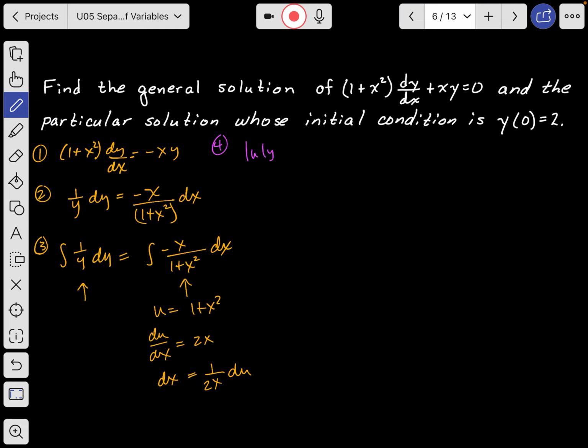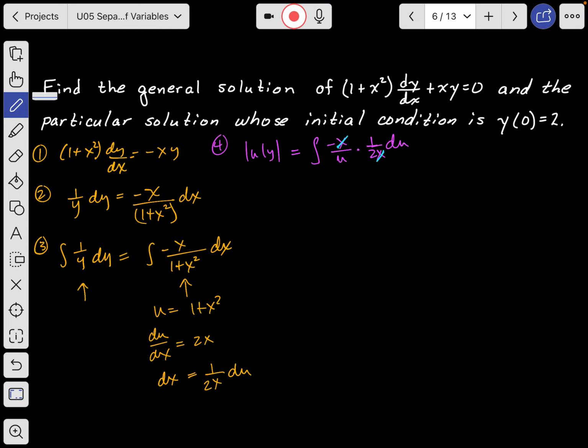I'm going to have natural log y on the left equals, and I'm going to end up with the integral of negative x over u times 1 over 2x du. And see how my x's will cancel. I can bring the negative half to the front, and I have 1 over u, and that'll give me natural log.